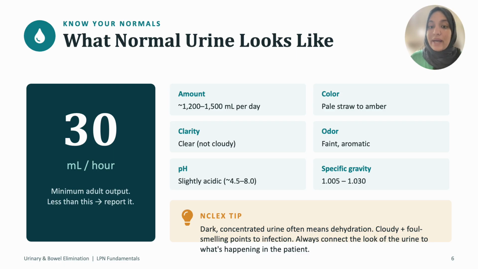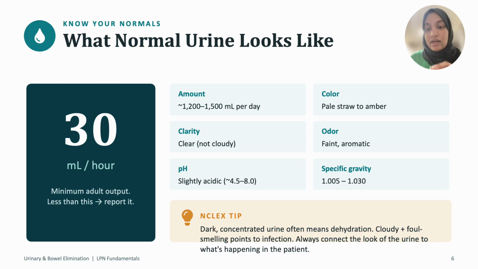Normal urine is pale straw to amber in color. It's supposed to be clear, with a faint aromatic odor, which is basically that ammonia smell, but it shouldn't be anything too strong. It's slightly acidic. Dark urine means dehydration.